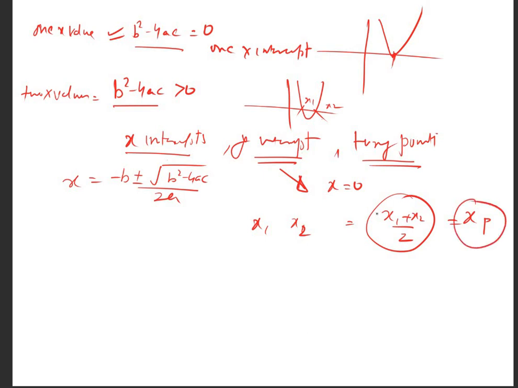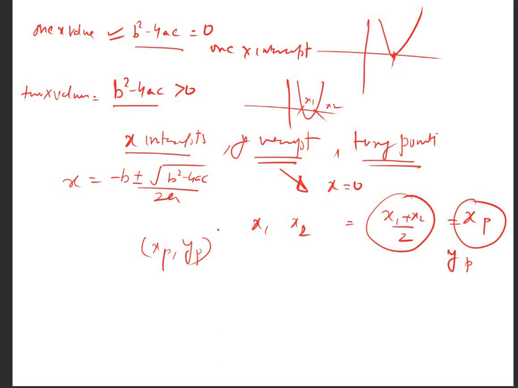I can call it xp. You plug xp back into the original quadratic equation, you get a yp. So hence your xp comma yp will become the turning point of your quadratic. Right?